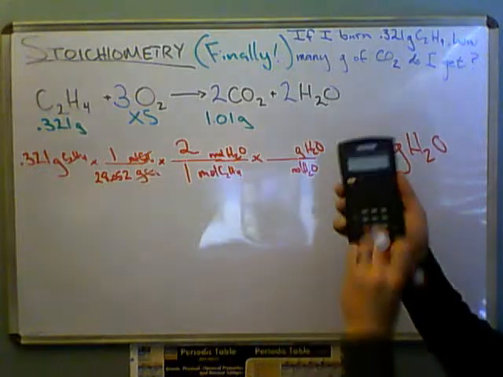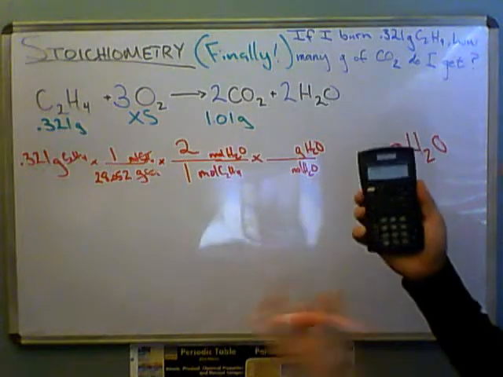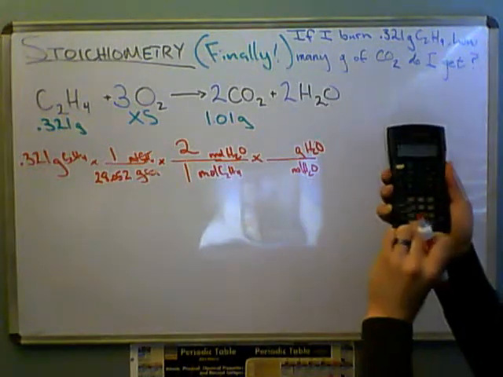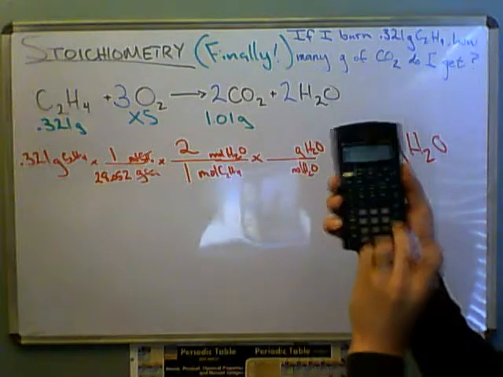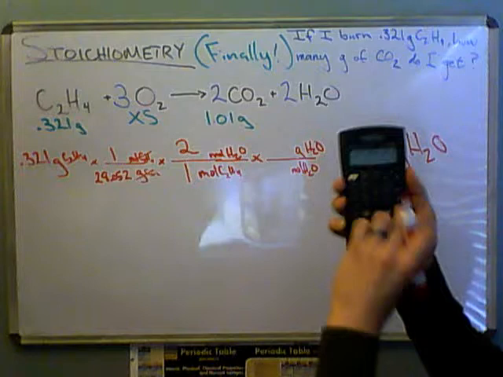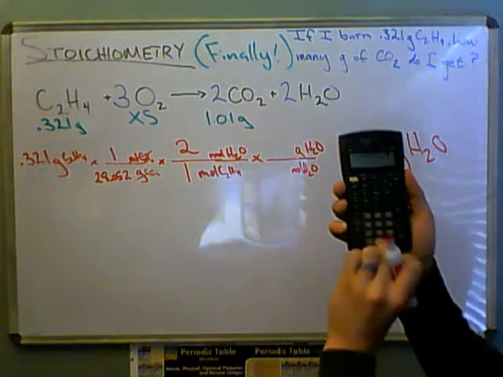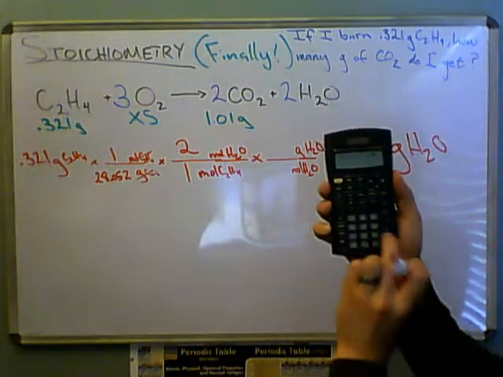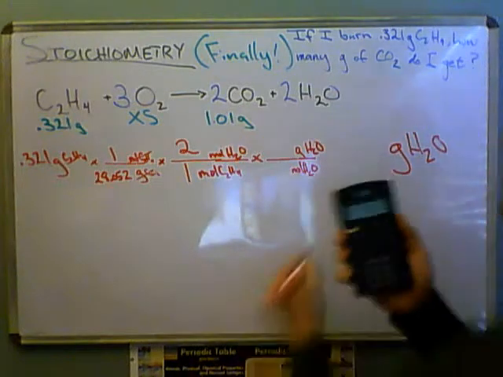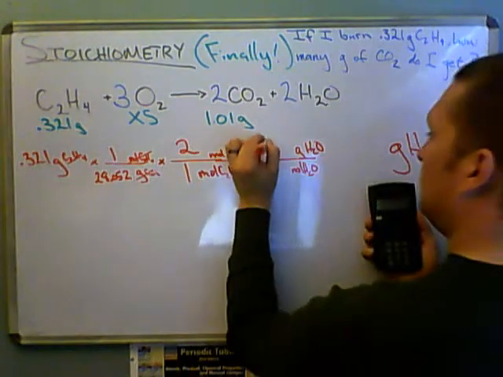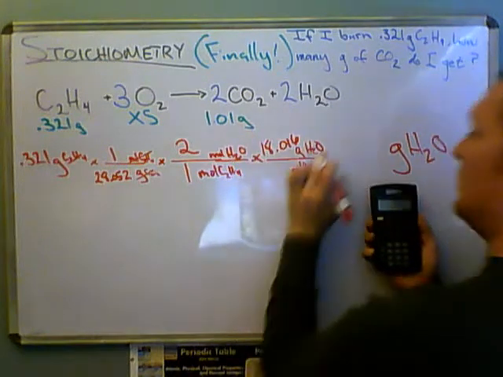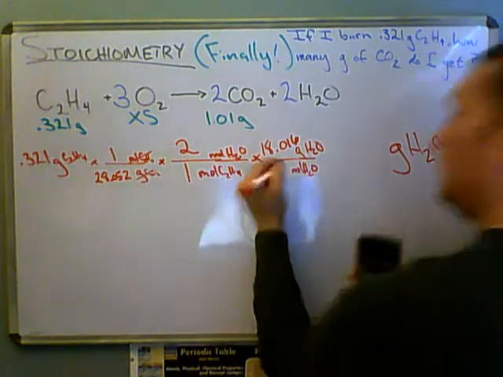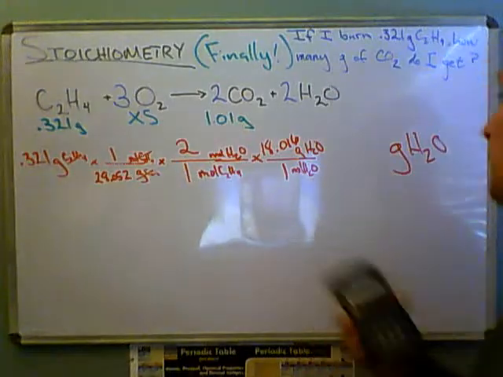So 2 H's, so 2 times the weight of hydrogen, which is 1.008, 2 times that, plus 1 times 16.00. Enter, and we get 18.016 grams of H2O in every 1 mole.